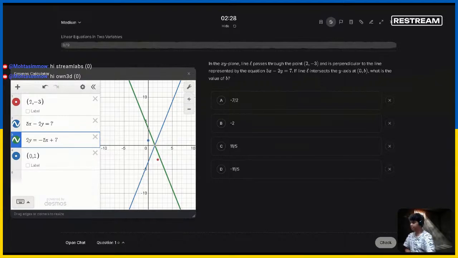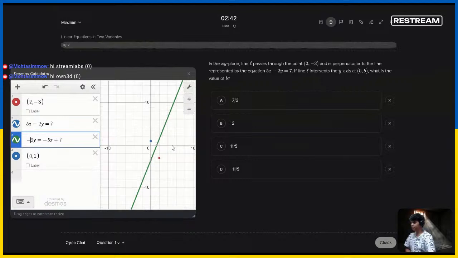The 7 stays positive. Oh, this one is negative. Negative 2y, yeah, because it stays here, and 5x becomes negative.